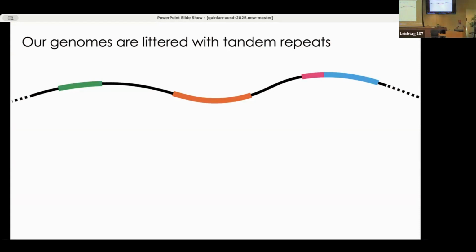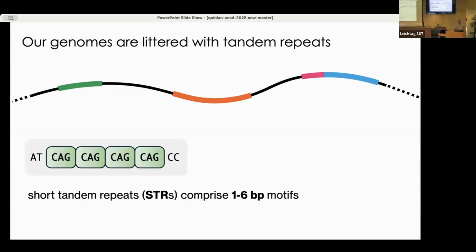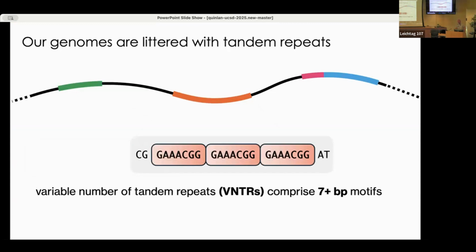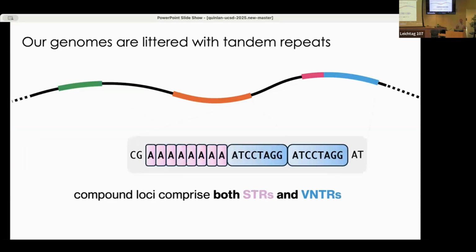Okay, so what I think is just really exciting now is that our genomes are littered with these tandem repeats. So STRs, the motifs are between 1 and 6 nucleotides. So this is a trinucleotide or polyglutamate CAG repeat, underlies a bunch of different diseases. Variable number of tandem repeats are like, you have these 7+ base pair motifs, and they can also be compound.